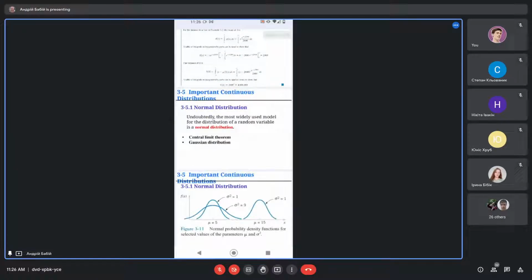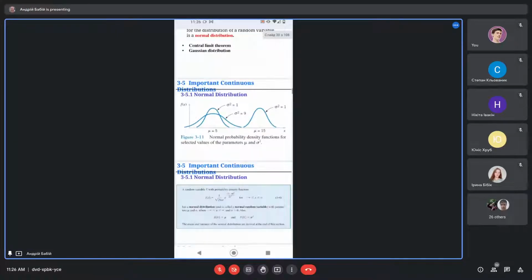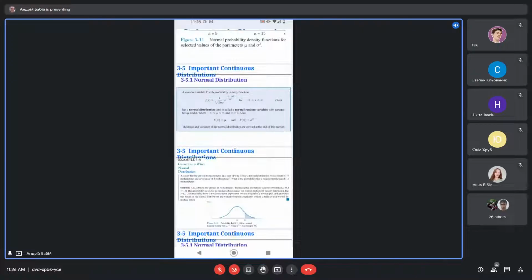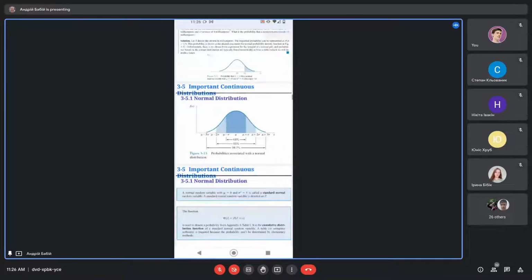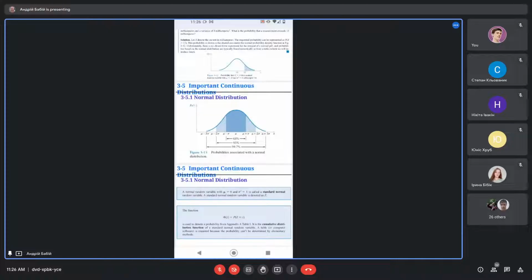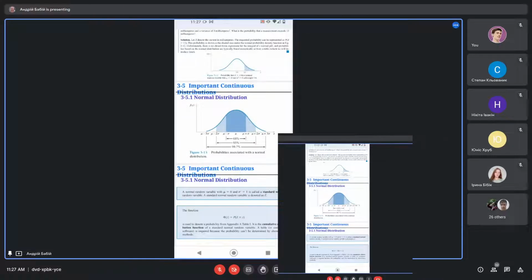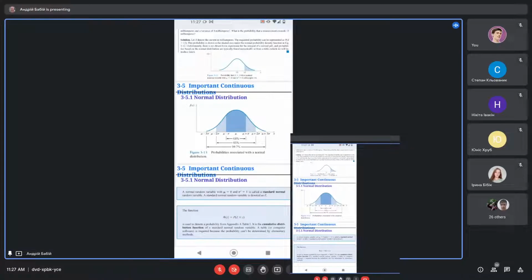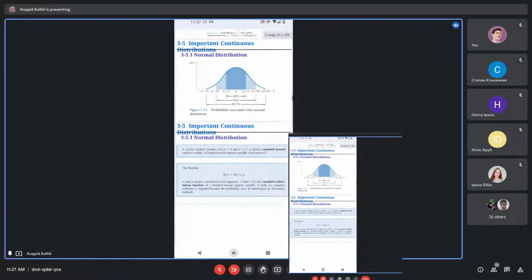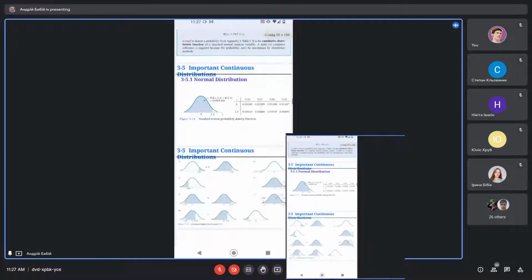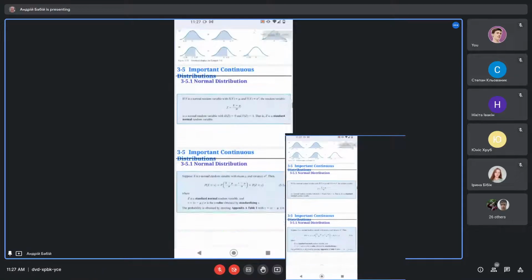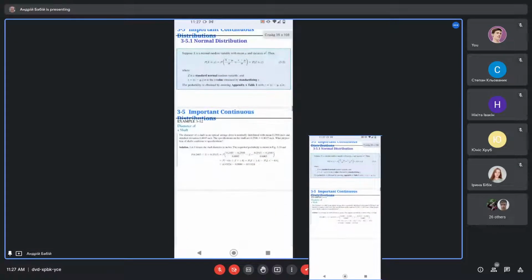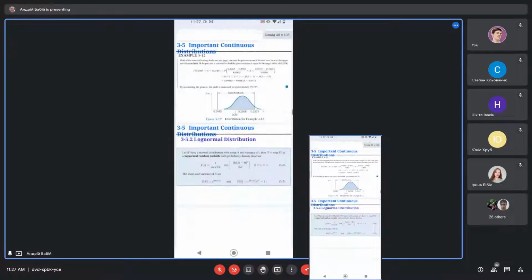some important continuous distributions. And first is normal distribution. I remember the previous time we talked about the 3 sigma rule and standard normal random variable.